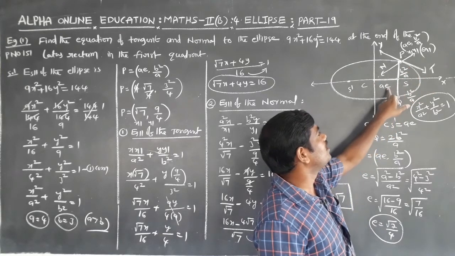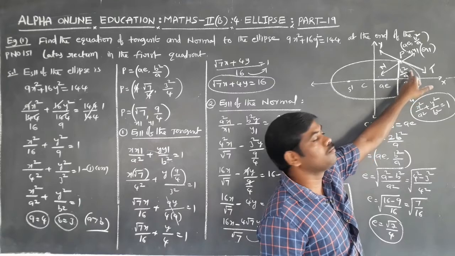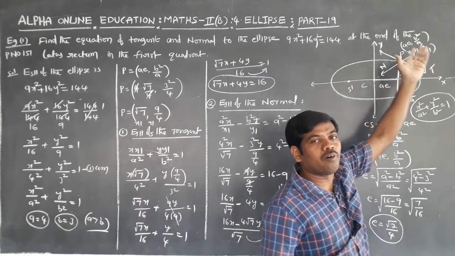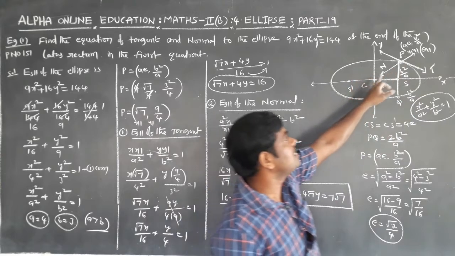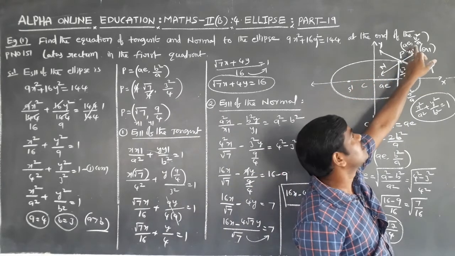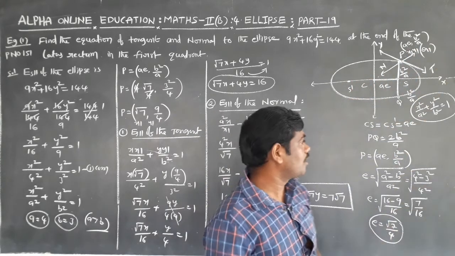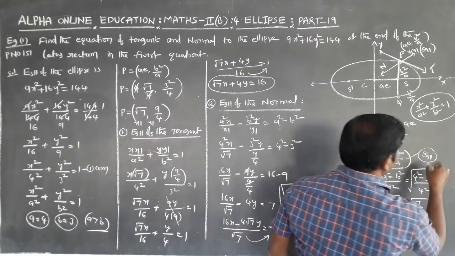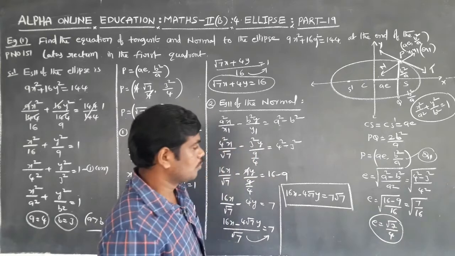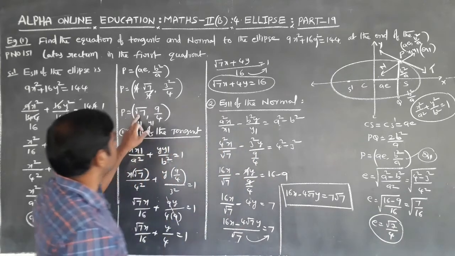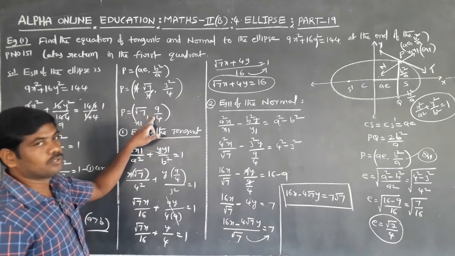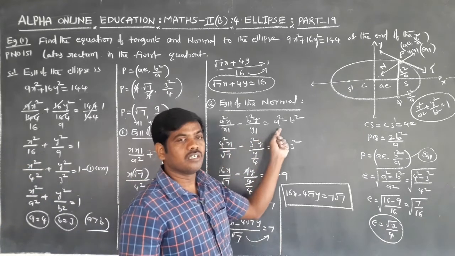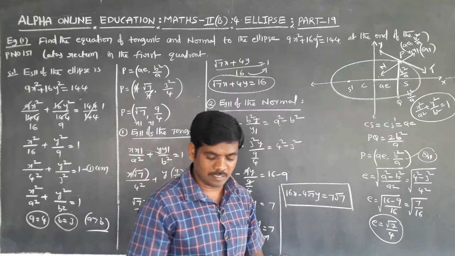CS equal to AE, PS equal to B square by A. So the point in the first quadrant is AE comma B square by A. So P is the point root 7 comma 9 by 4. This is the equation of the tangent. This is the equation of the normal.